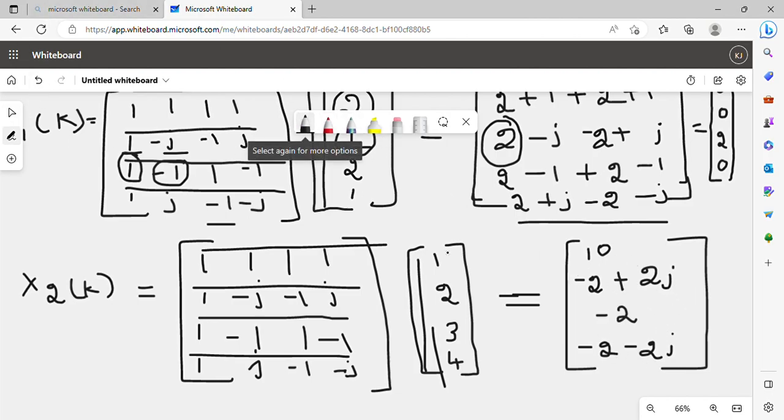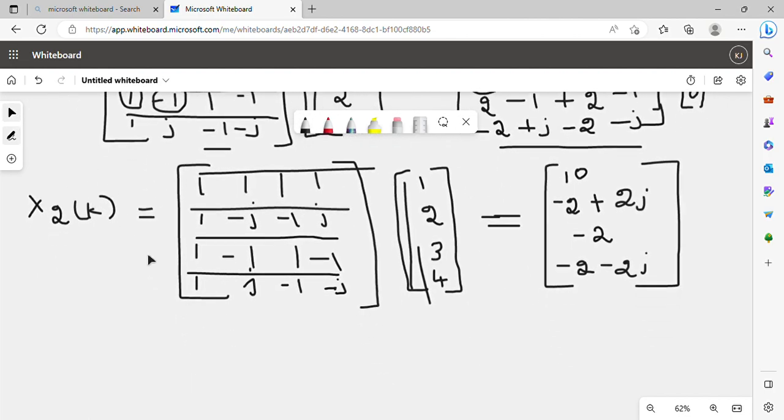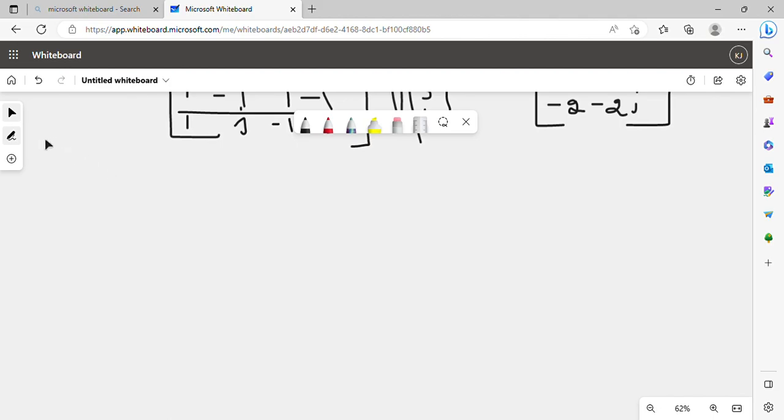Yes. So now here I have to multiply x1 of k and x2 of k. So if I multiply x1 of k and x2 of k, what is my x1 of k? My x1 of k is equal to, that is here, 6020, right?